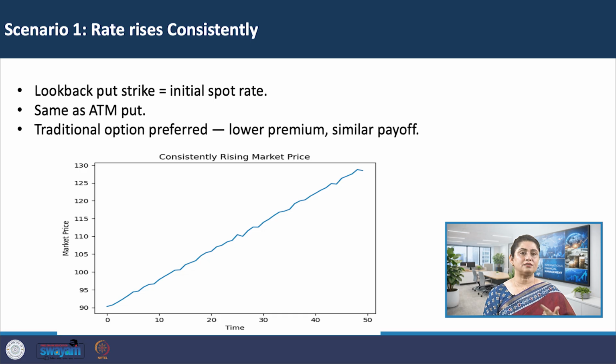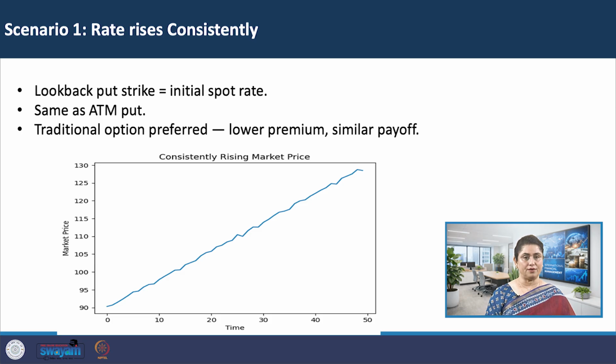So, the strike price becomes equal to the final price, or the market price at the time of expiry, and the payoff becomes 0. Now, compare it with the traditional at-the-money put option, which was initiated at the same time. Its strike price is fixed, say K, which is lower than the price at the time of expiry, that is, the market price.